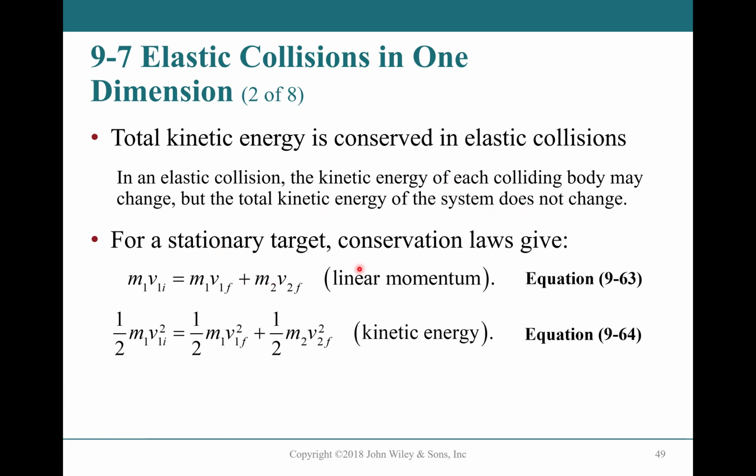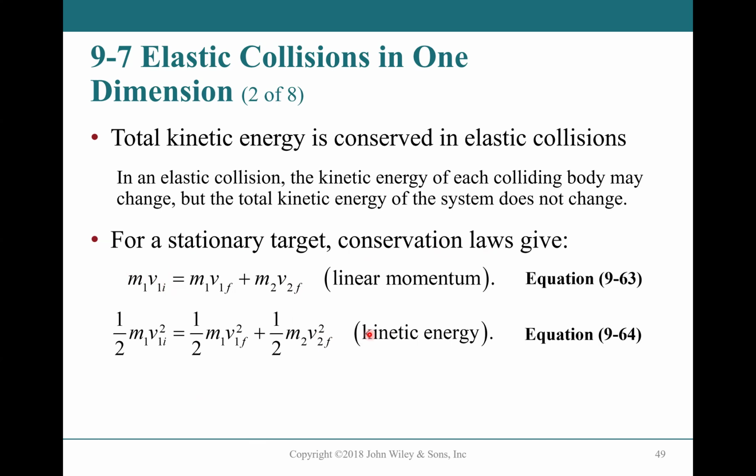For a stationary target, the conservation law gives M1V1 initial equal to M1V1 final plus M2V2 final. A stationary target means V2 initial is 0, so you only have M1 V1 initial here.